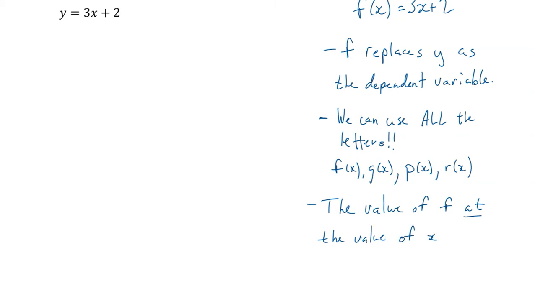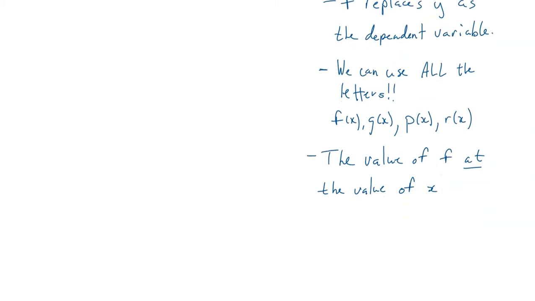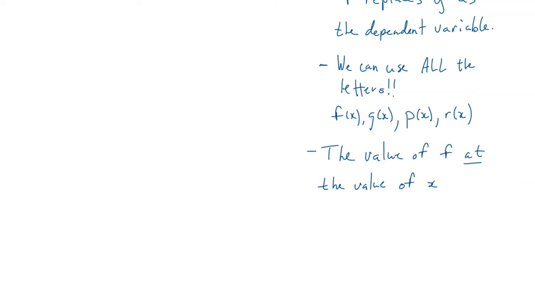And I'm only writing this because this is how you'll notice we talk about this stuff. We say f at x, or some people say f of x. f at x, f of x.